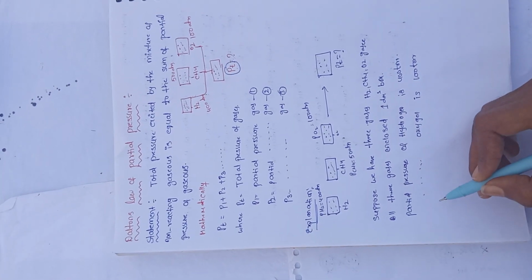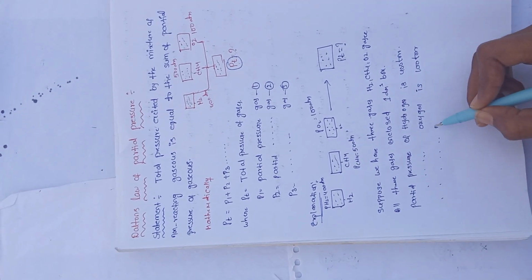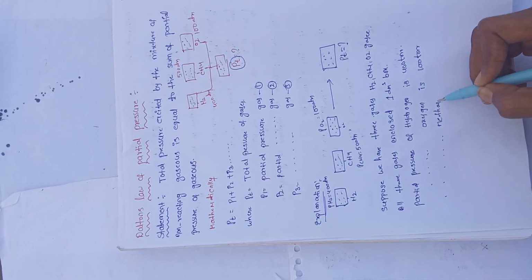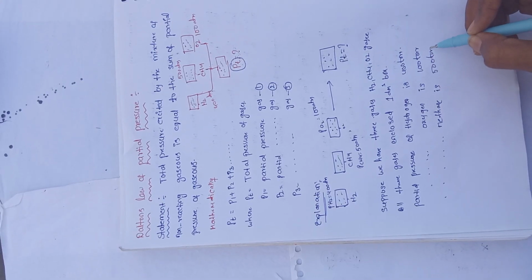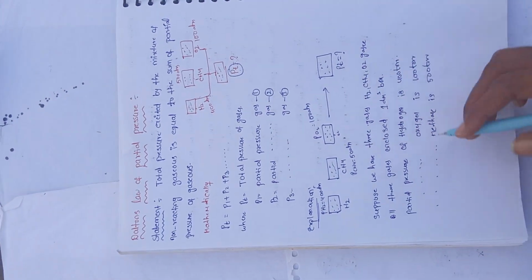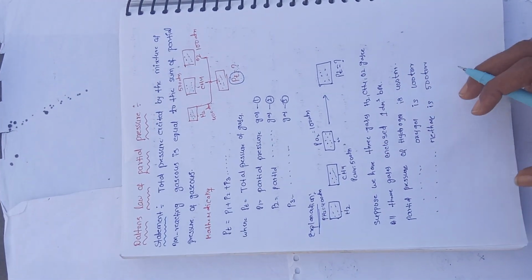And again, the partial pressure of methane is 500 torr. Now we want to find the total pressure.